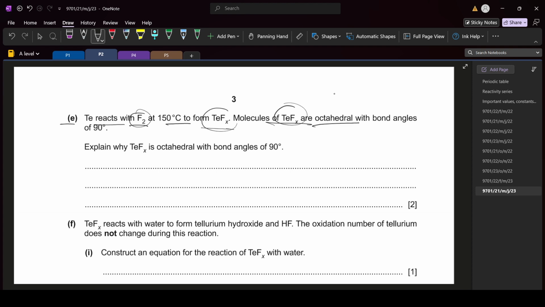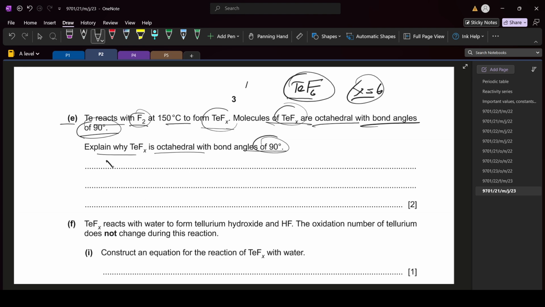So it means that x is equal to 6, because when it is 6, it would be TeF6, and it would have an octahedral geometry with bond angles of 90 degrees. Explain why TeFx is octahedral with bond angles of 90 degrees. So you can say that there are 6 bonding pairs of electrons, or you can say x is equal to 6.